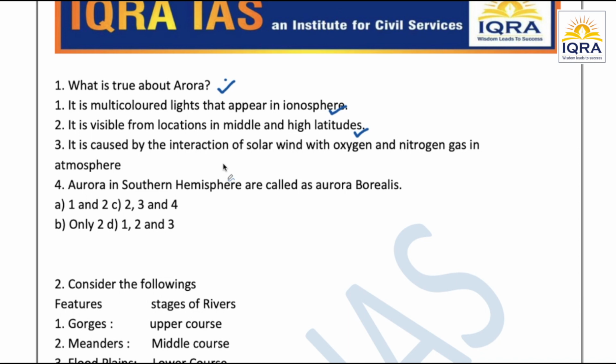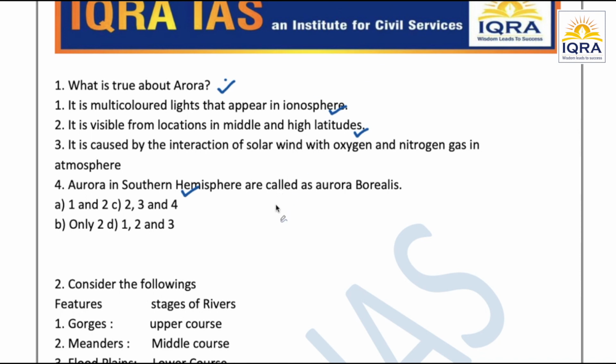But the fourth statement has been altered here, as we call them aurora borealis in the northern hemisphere and not in the southern hemisphere. So here the fourth statement becomes incorrect. Right. Therefore, answer D becomes correct. 1, 2 and 3 are the correct options, but 4 has been interchanged, altered here. So, statement 4 becomes incorrect. Okay?